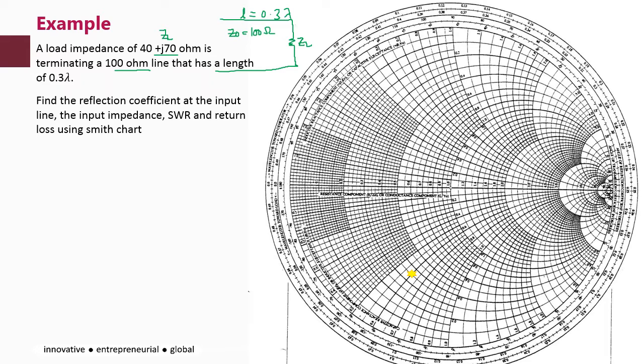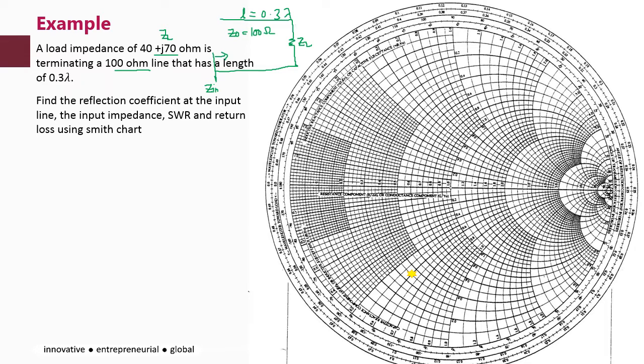Again, I recommend you sketch this equivalent circuit or the transmission line and put the values in, and this may be considered as part of your steps in solving a problem.